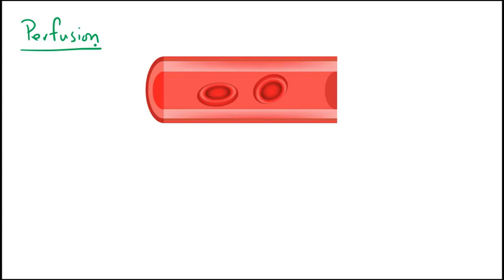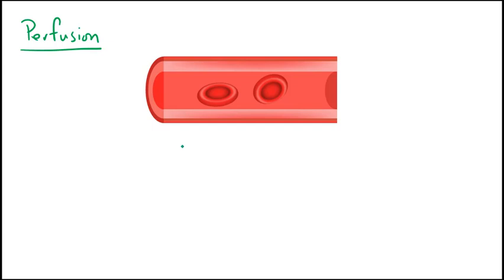For cells that make up our different organs to survive, they must have an adequate blood supply, or as we call it in the healthcare profession, they need adequate perfusion. Well, what does this perfusion do for us? Well, it's all about transportation.